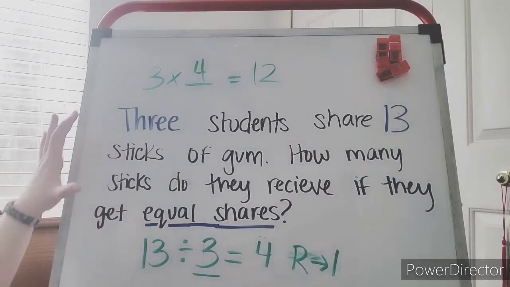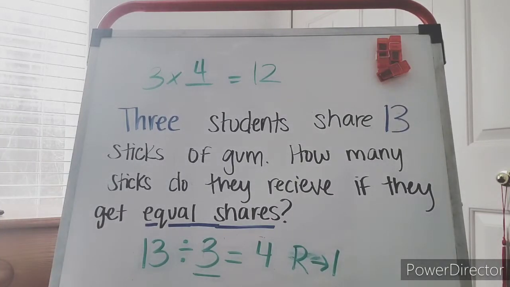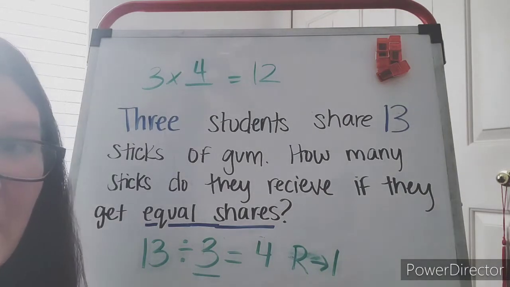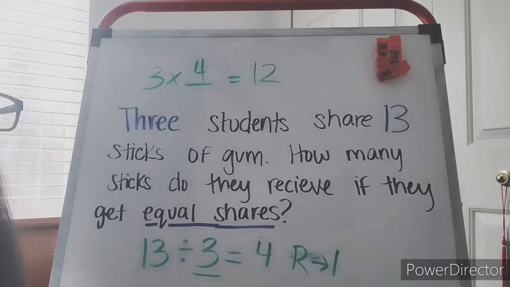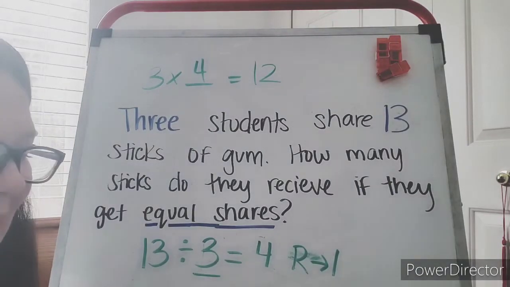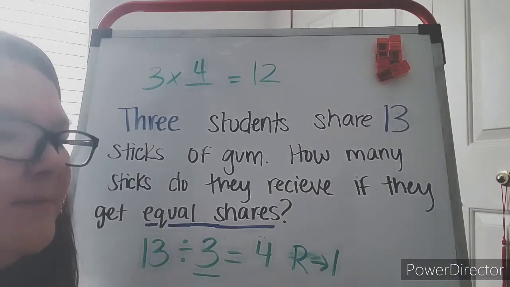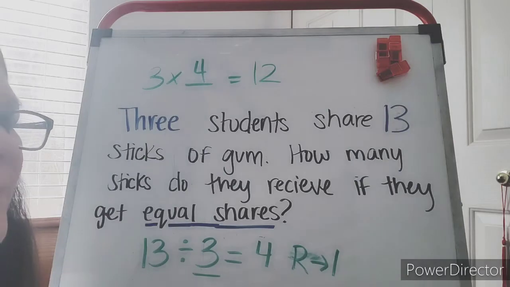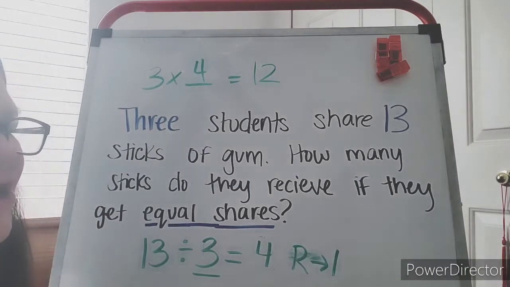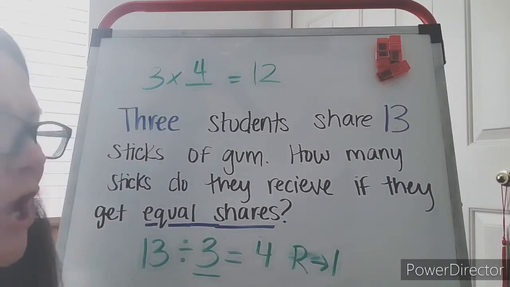Usually when I'm talking about food or candy, it's easy to split that remainder up into a fraction because it's easy to split food. It's easy to tear apart a piece of gum or a piece of candy or a pizza, right? But when I'm talking more about objects like some toys or a piece of paper, it's not as easy to split that object up like it is for food.